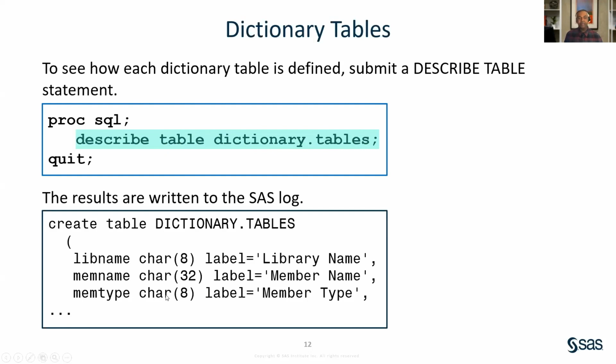I shouldn't have said the name of a table because you can have different kinds of files in a SAS library. Table is one of those types, and catalog is another.